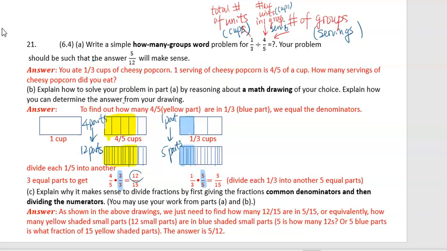All we compare is the number of parts. We ate 5 parts, but 1 serving is 12 parts. So comparing 5 parts to 12 parts, we ate 5 out of 12. That's why the answer is 5 out of 12. So we ate 5/12 of a serving.